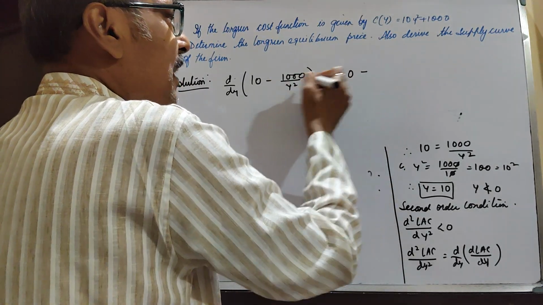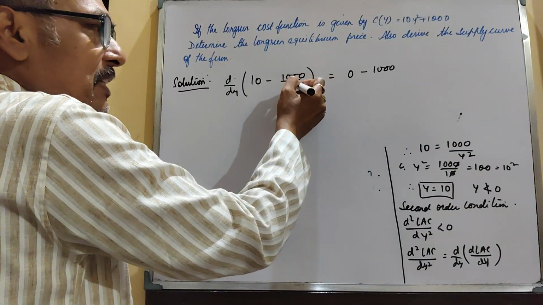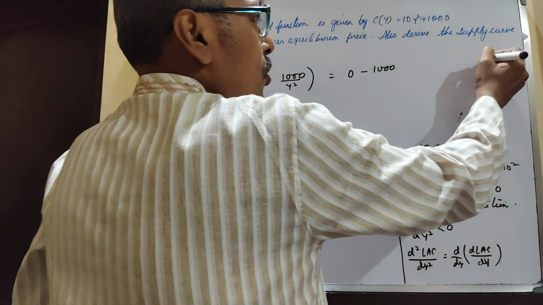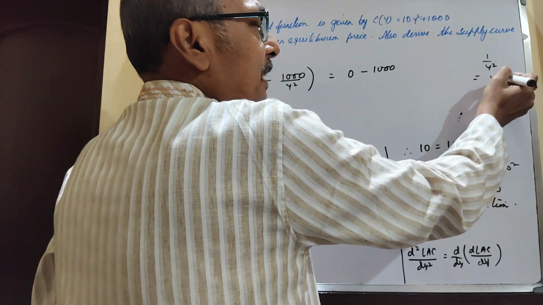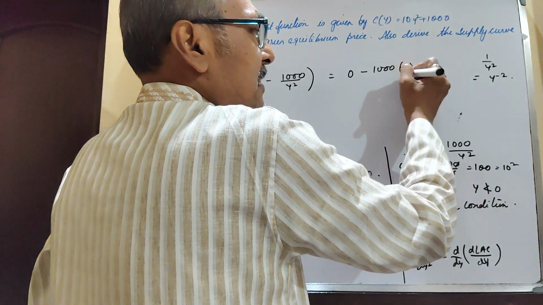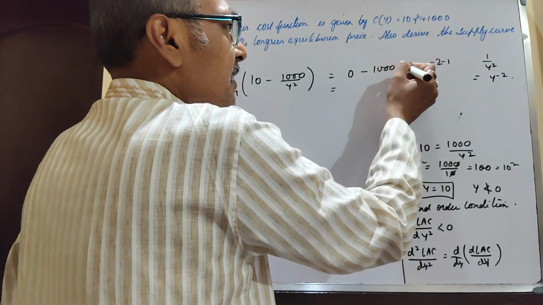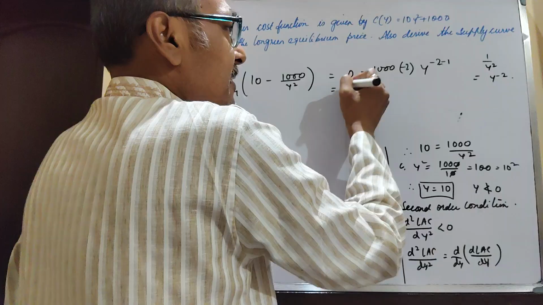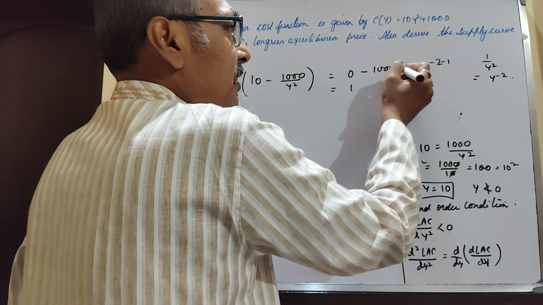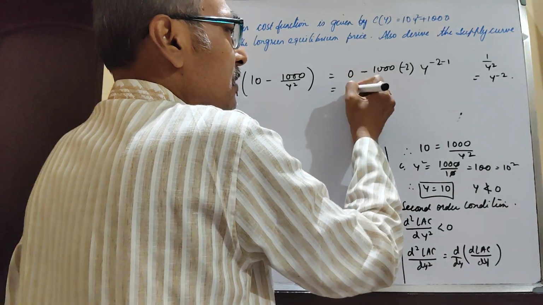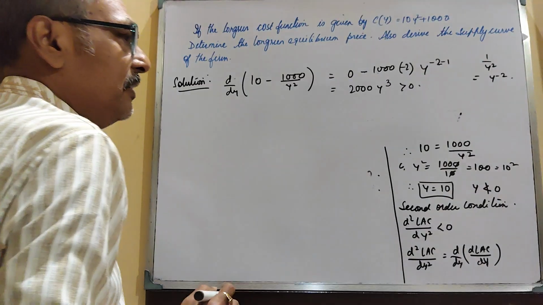Minus sign is there. Now 1000 is a constant, and 1 by y squared can be written as y to the power minus 2. Now we differentiate. This minus 2 comes here and y to the power minus 2 minus 1. Minus into minus is plus. Therefore this is 1000 into 2, that is 2000 by y cube, which is a positive number.